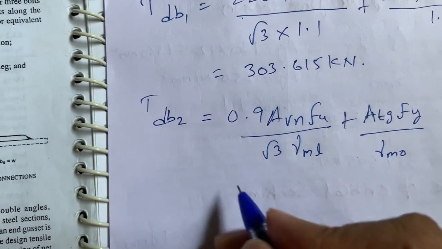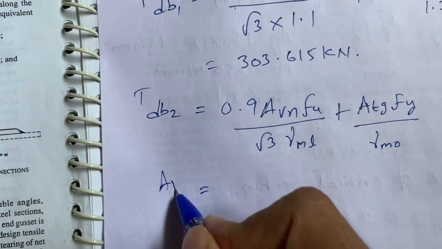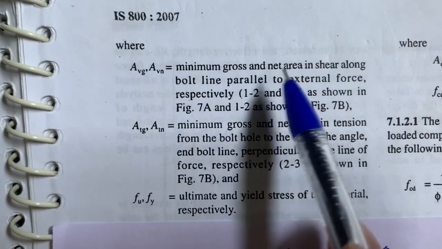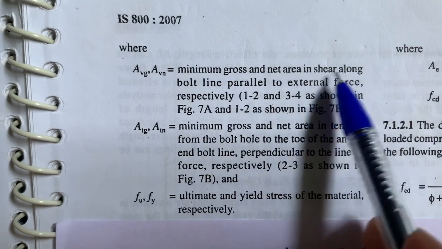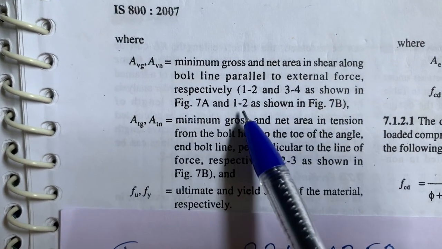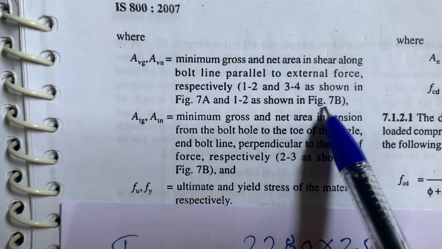Okay, so in this we need to find AVN. AVN means net area in shear, net area in shear as per figure 7b, which is mentioned here.